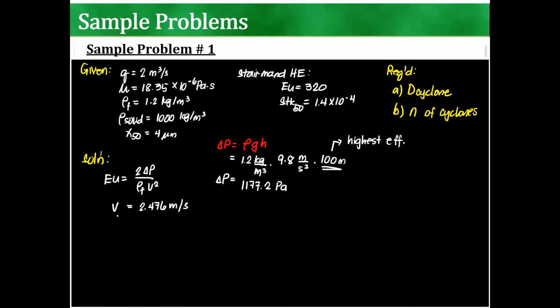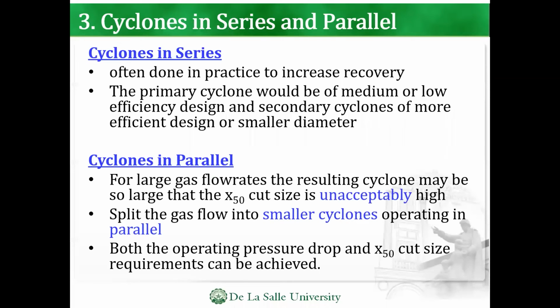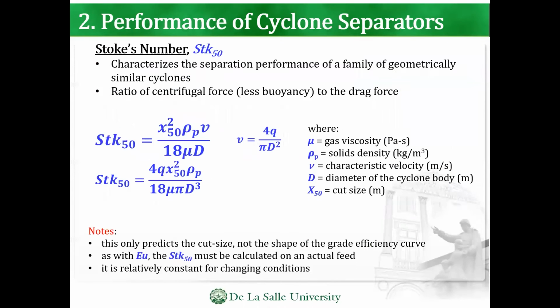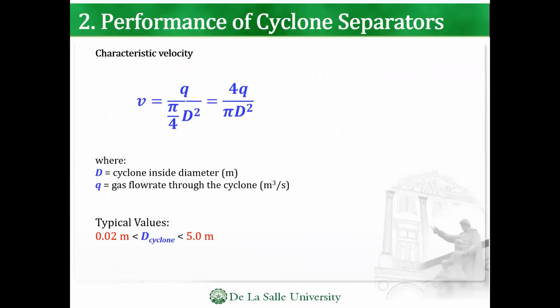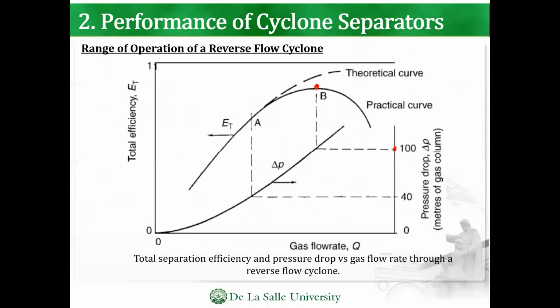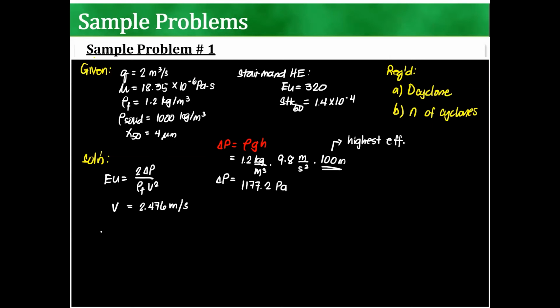Okay. Now, isn't it that I gave you this formula that V is equal to 4Q over pi D squared? Because what we need is the diameter of the cyclone. Once we get D, that could give us the diameter of our cyclone.